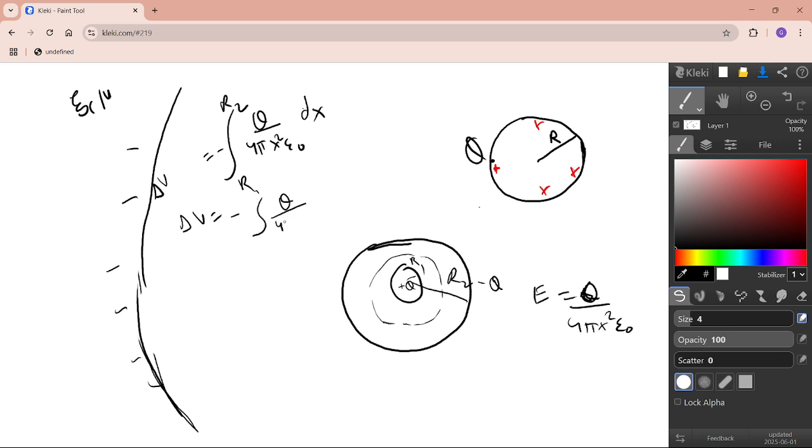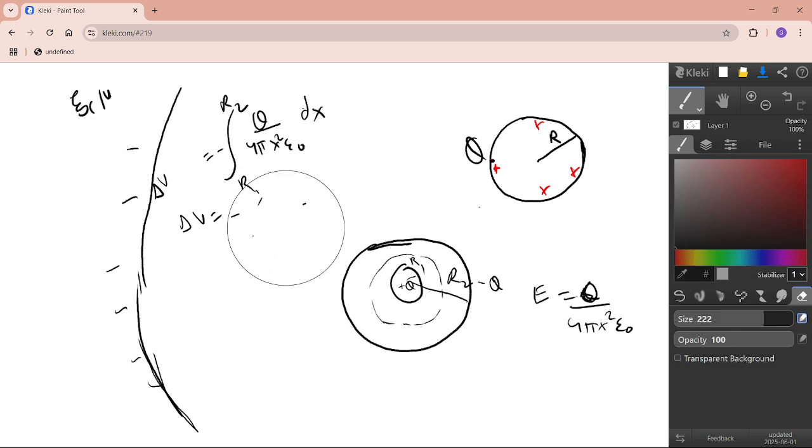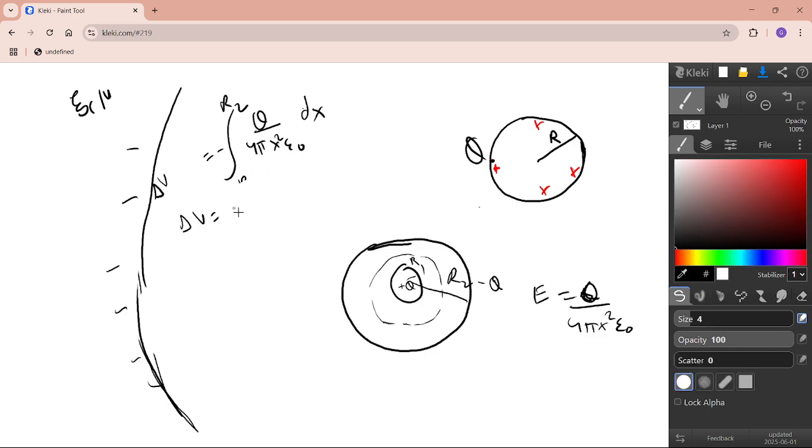Q upon 4 pi epsilon naught, after integration, x to the minus 2 becomes minus 1 by x, so minus 1 by R2 plus 1 by R1, or 1 by R1 minus 1 by R2.